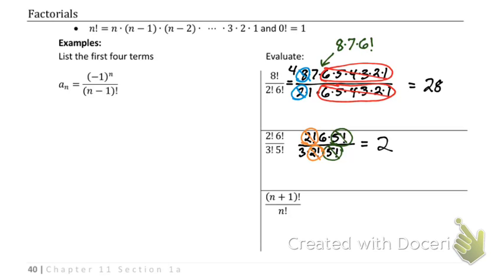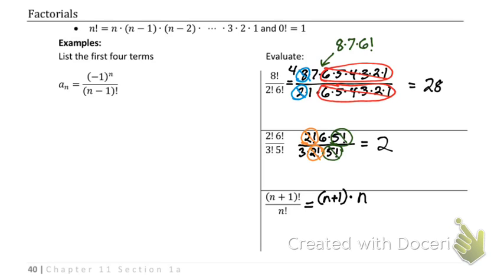So rather than writing n plus 1 factorial, I'm going to rewrite this as n plus 1 times 1 less. N plus 1 minus 1 is just n. Our next one would be n minus 1. Our next one would be n minus 2, n minus 3, n minus 4, and so on. In fact, that's exactly what we have up here.